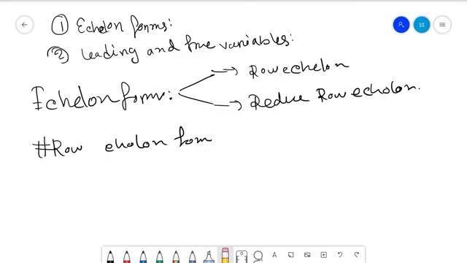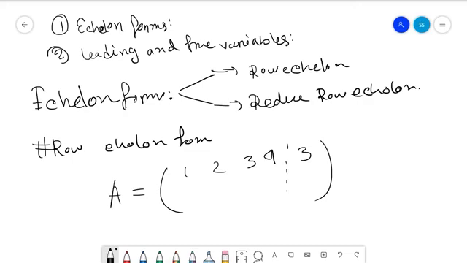Let's just take the following matrix and I will write it down. Let's call it A, and it has a form of 1 2 3 4 3. Now I want you to notice that I'm putting a dashed line over here because any linear system will have this form, Ax equals B, and this column will correspond to the B column.